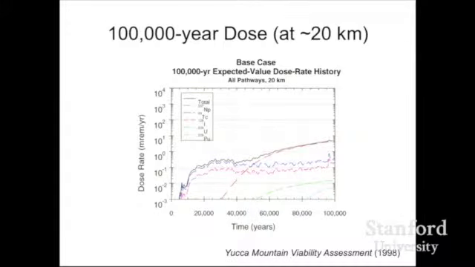For these reasons, at Yucca Mountain, when you look at calculations of dose to a person 20 kilometers away over time, this is neptunium, this is uranium, and this is plutonium. You see that the actinides in this particular environment really contribute a lot to dose.